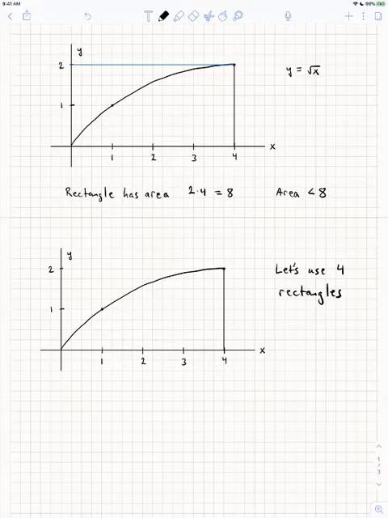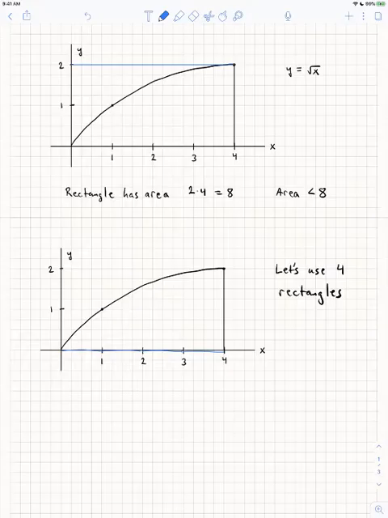So the first rectangle is going to have base from 0 to 1, and then we'll have from 1 to 2, then 2 to 3, and 3 to 4. Those are going to be the bases of my rectangles.